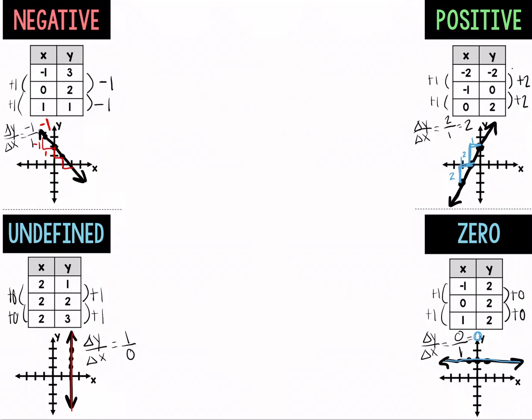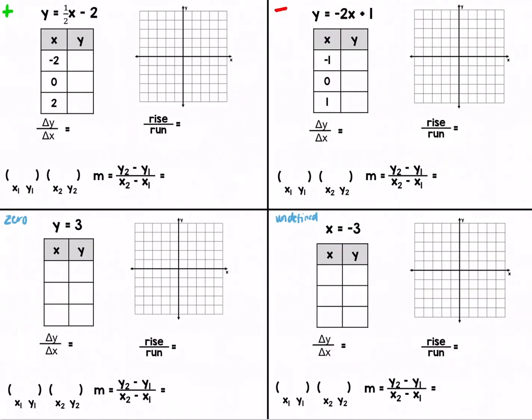So now let's go into the foldable so you can flip open the tabs. I'm going to start with positive slope, which on my screen is this first square, but it's going to be on your right side. Okay, so find the equation that says y equals 1/2 x minus 2, and that's where you're supposed to be. Remember, slope is the y change over the x change.